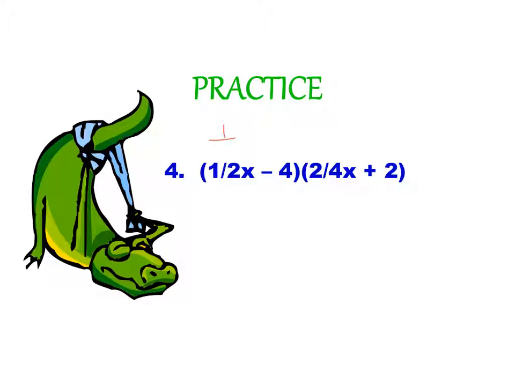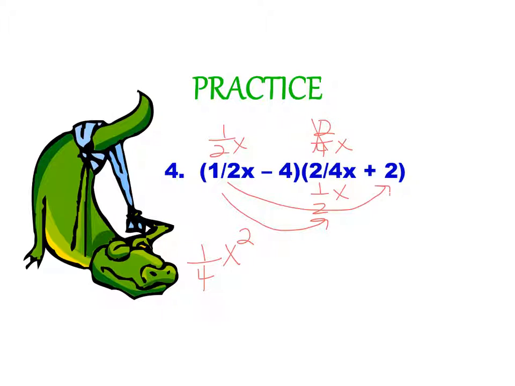Alright, so this is a 1/2 x, this is a 2/4 x, and actually 2/4 reduces down to 1/2, so this is a 1/2 x. So same thing, distributive property, 1/2 times 1/2 is 1/4. x times x, rewrite your base, add your exponents. Then I distribute the 1/2 to the 2. 1/2 times 2 is 1, and we have an x.